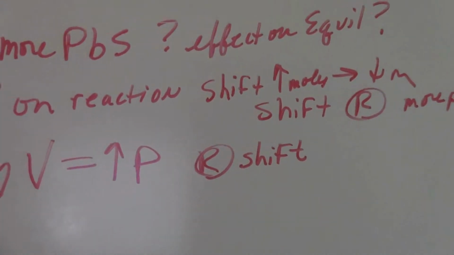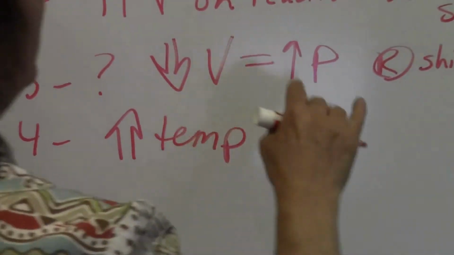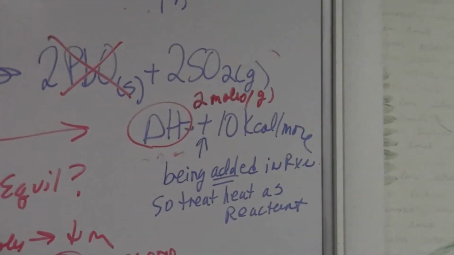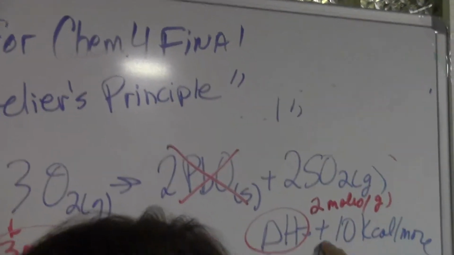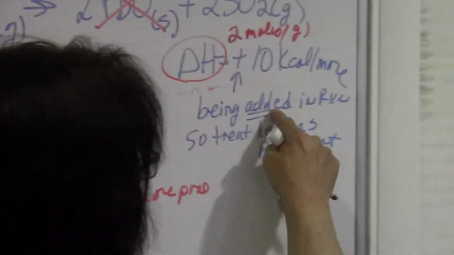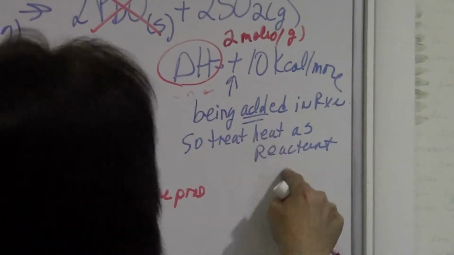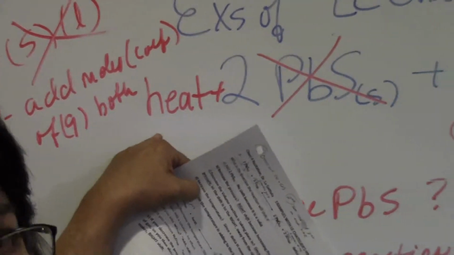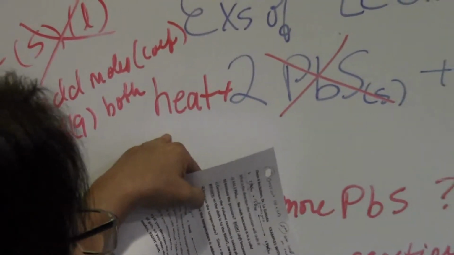Part 4. What happens if we increase the temperature? Now, notice, this is the enthalpy. If you see a positive heat, or if they write plus heat here, they're telling you that heat is being added in the reaction. So treat heat as a reactant. So I could just as well go ahead and write heat over here, because we have a positive delta H. We have a positive enthalpy.